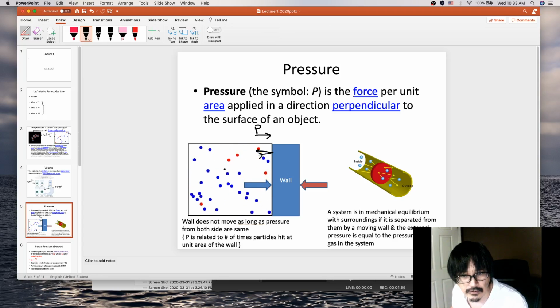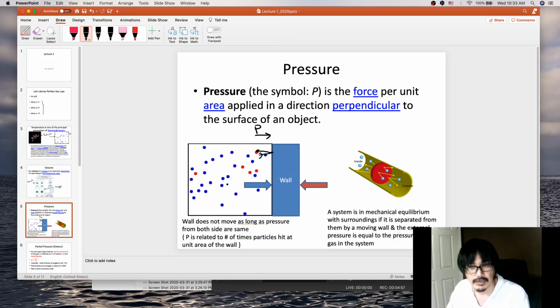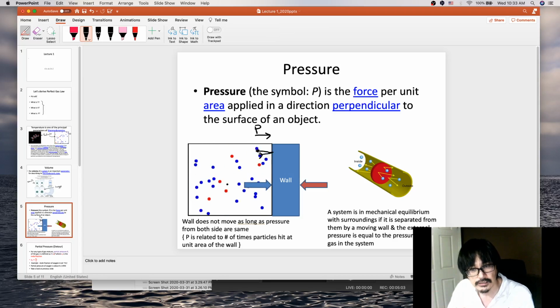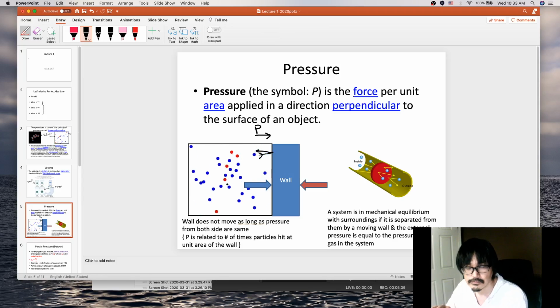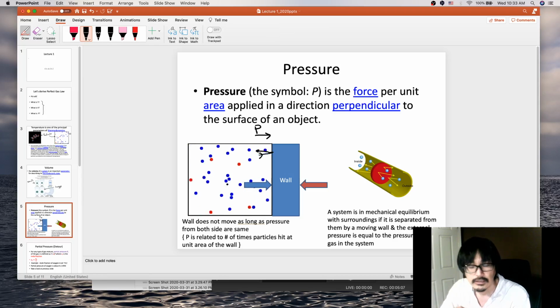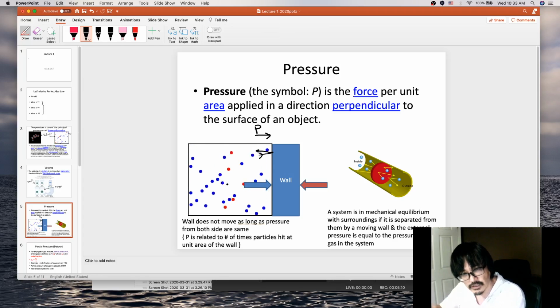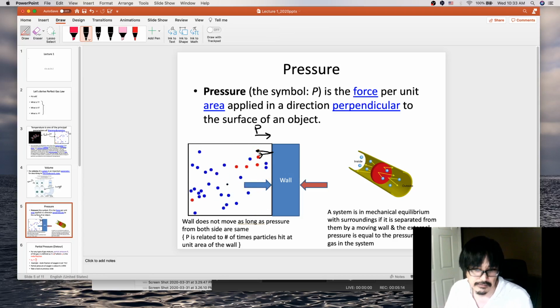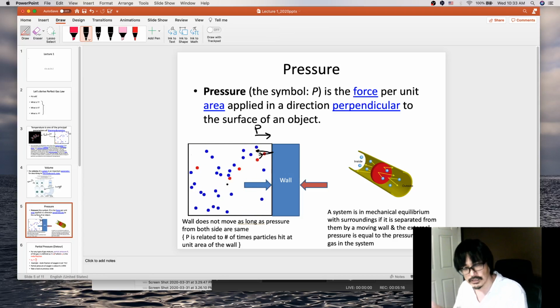And a particle that is moving fast will apply a little bit more force to the wall, and a slow moving particle will give just a little bit of a push, right? So the speed matters, and also the number of particles matters too, right?